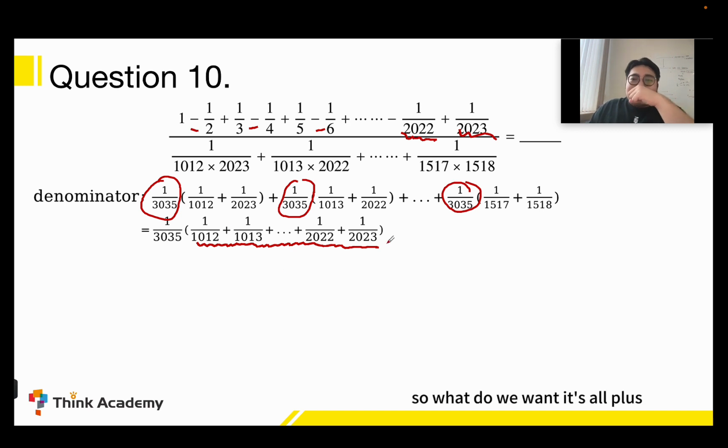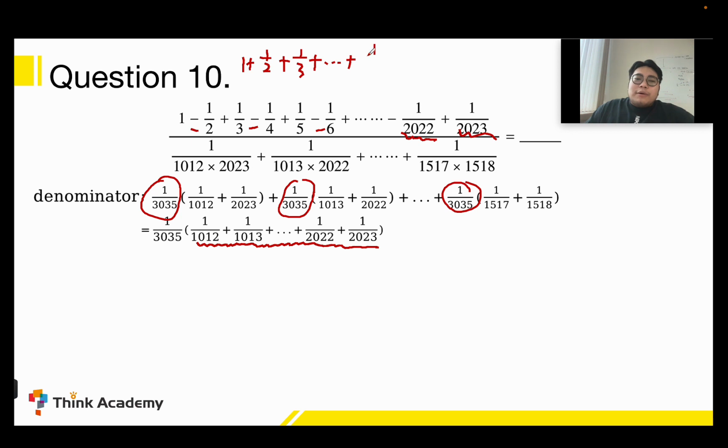It's all plus. Maybe what we want is 1 plus 1 over 2 plus 1 over 3 and so on, plus 1 over 1012 plus 1 over 1013 up to 1 over 2023. Yes, we want this one, but look at that.